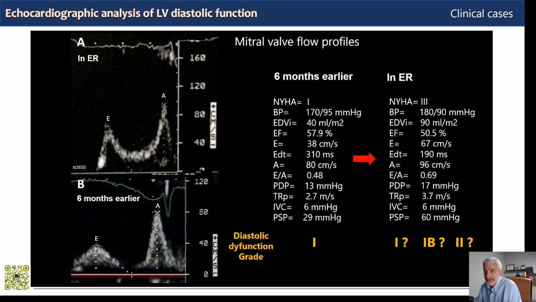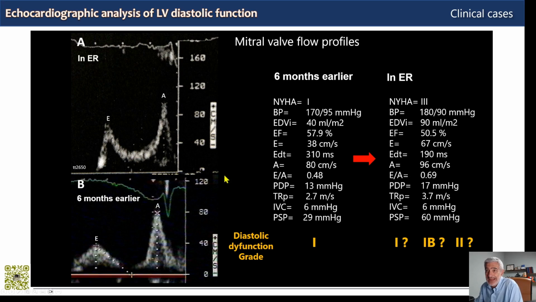So here the EA ratio hasn't changed much, and this is the confounding factor because all the other parameters have significantly changed, and the EA ratio tricks us into considering the pattern that we see now as a classical prolonged relaxation pattern.